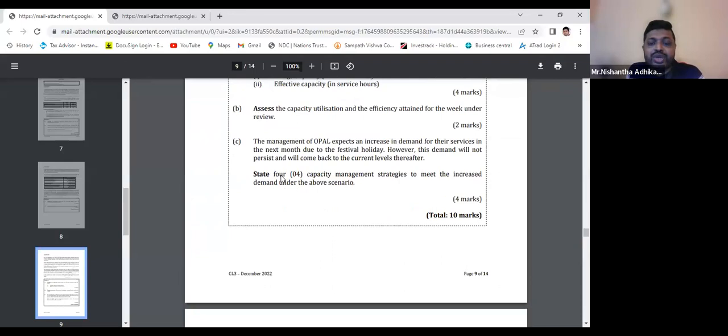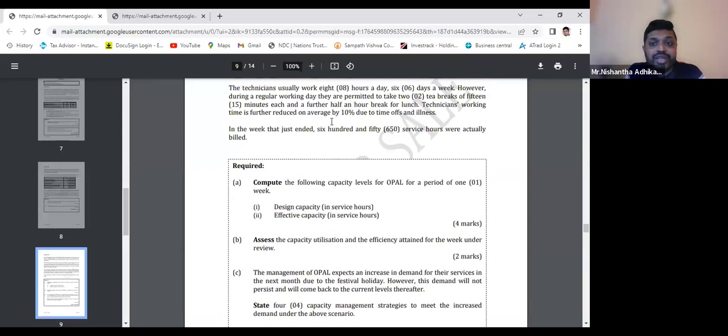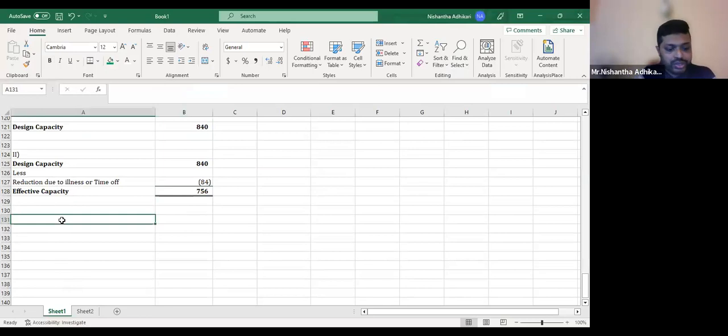Assess the capacity utilization and efficiency attained for the week under review. You have the design capacity of 840 and 650 hours as the build hours. Now we will calculate the first one, capacity utilization.